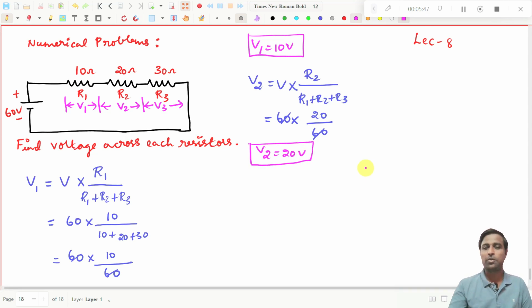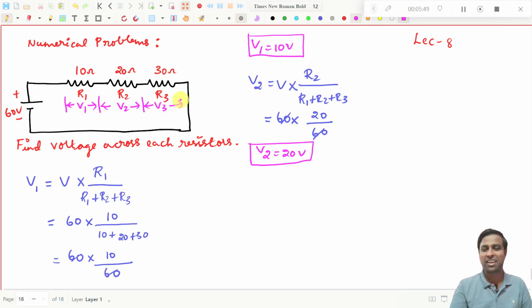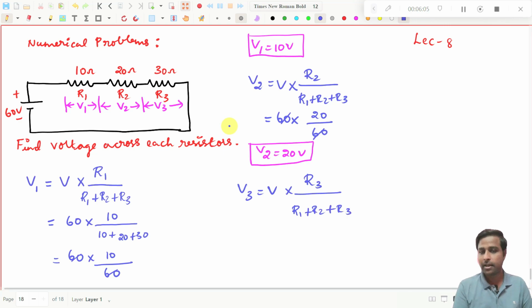And you can say that what is V3? V3 will be 30. That you have to understand, right? V3 is equal to total voltage into R3 divided by R1 plus R2 plus R3, right? So what you will get?